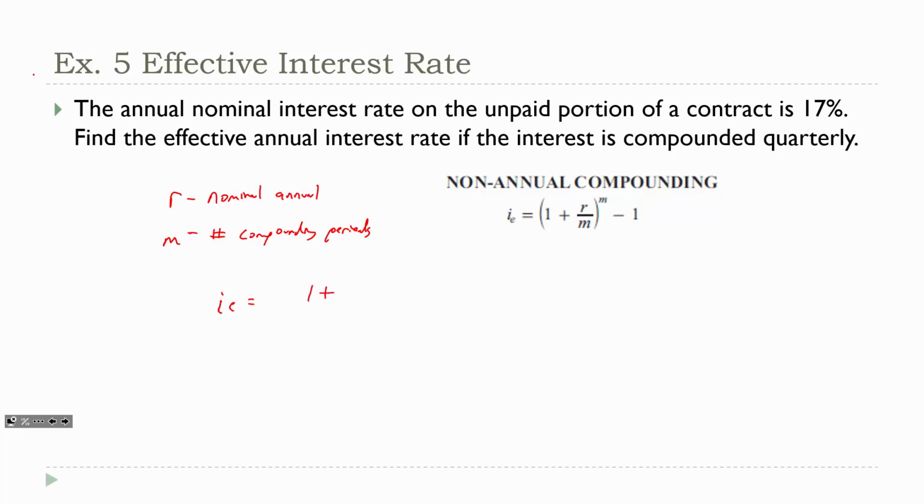In this case, our nominal interest rate is 0.17. What's our number of compounding periods?